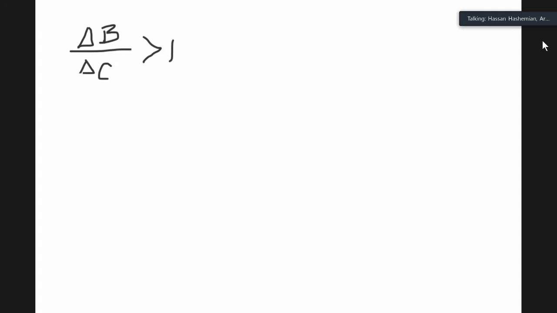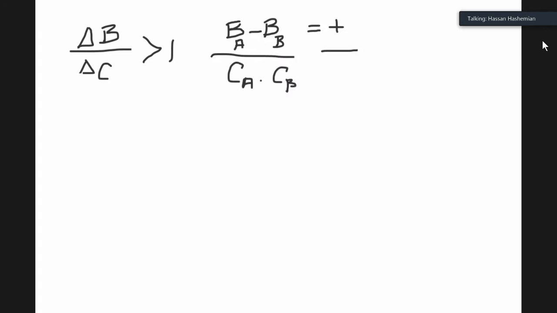Because you're subtracting the benefit, for instance, of B from A, and that is a positive number. And then when you do the cost of A minus cost of B, that should be a positive number.